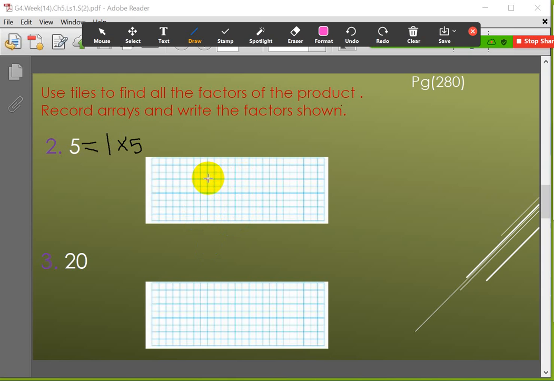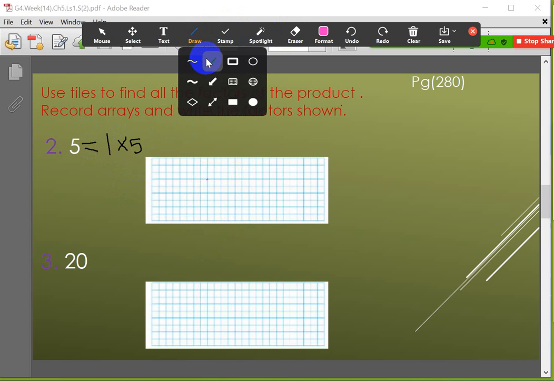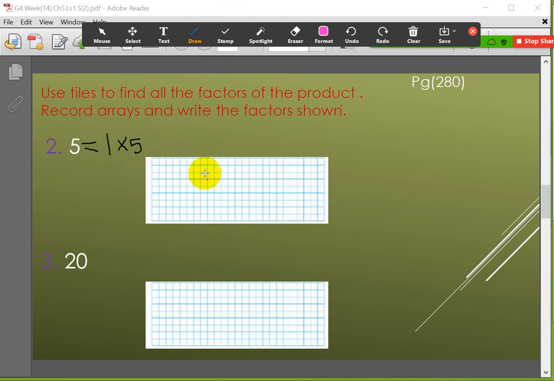I want to draw a model with 5 columns and 1 array. That means I have to choose 5 in the horizontal way. Count 1, 2, 3, 4, 5.